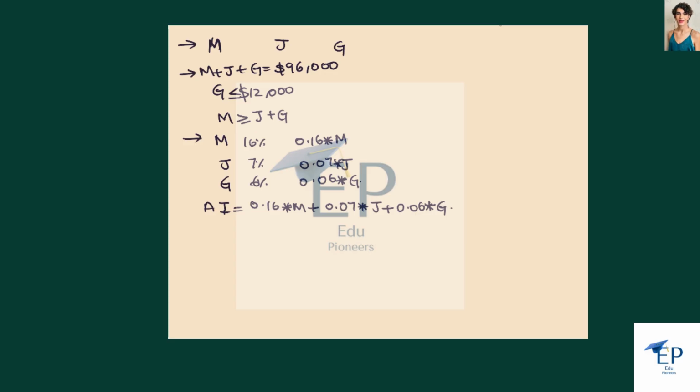So for that, let us start by considering this constraint, which means that M should receive at least as much investment as the J and G houses combined.